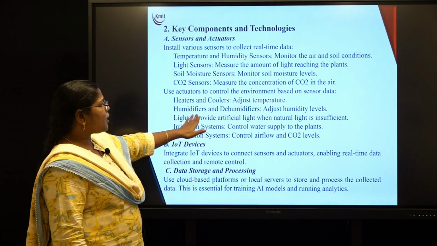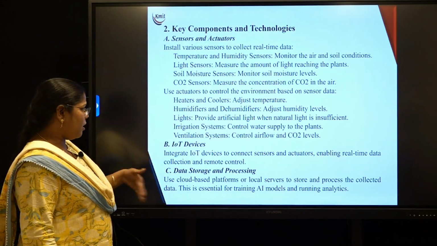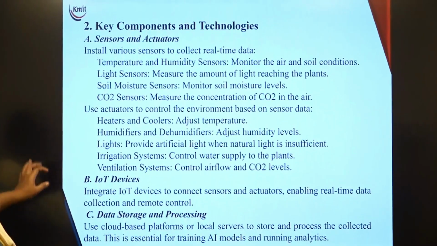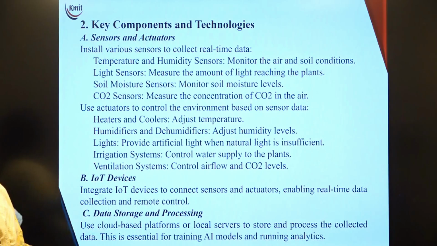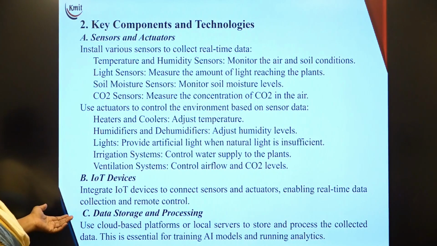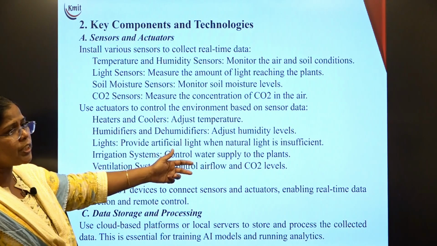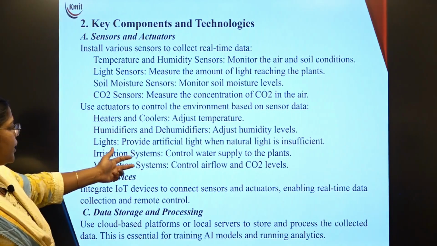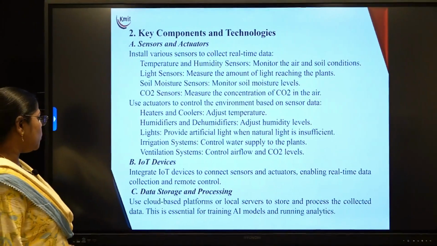Artificial lights are used to create light when natural light is insufficient. Next is the irrigation system to control the water supply to the plants. Ventilation system actuators control the airflow and the CO2 levels.